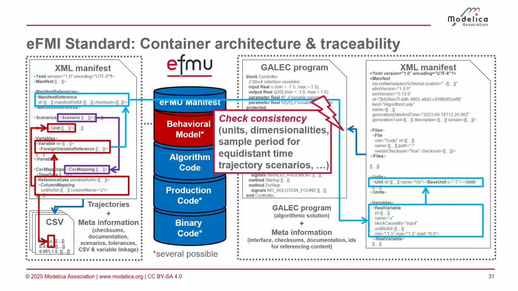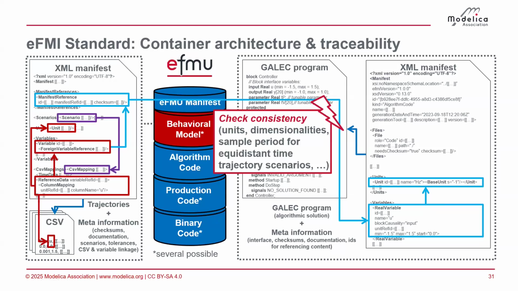So they both have their own units, and now we can check the consistency. Are the units really consistent? Does it really match? Or do I have to regenerate a behavior model or regenerate an algorithm code? And you even know which one you have to regenerate because thanks to the foreign reference, you know which of the artifacts is stale. So this is important. The same holds for sampling periods.